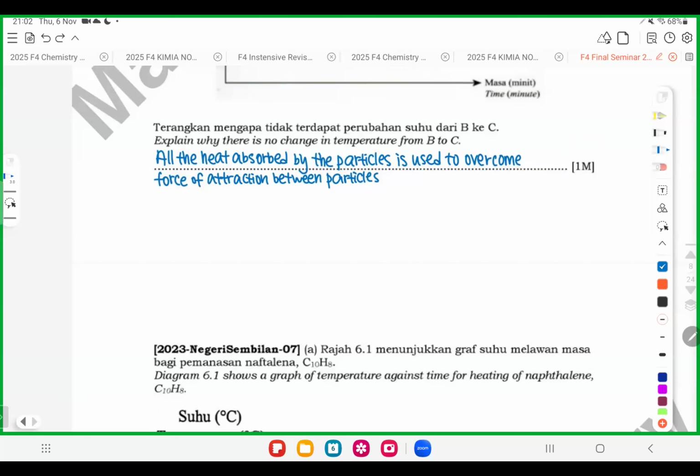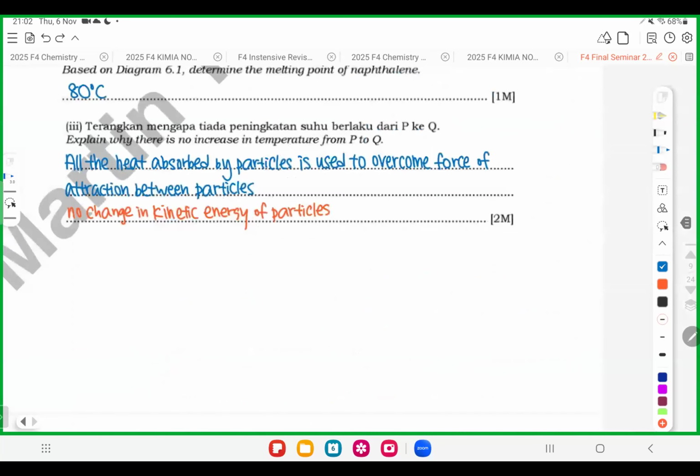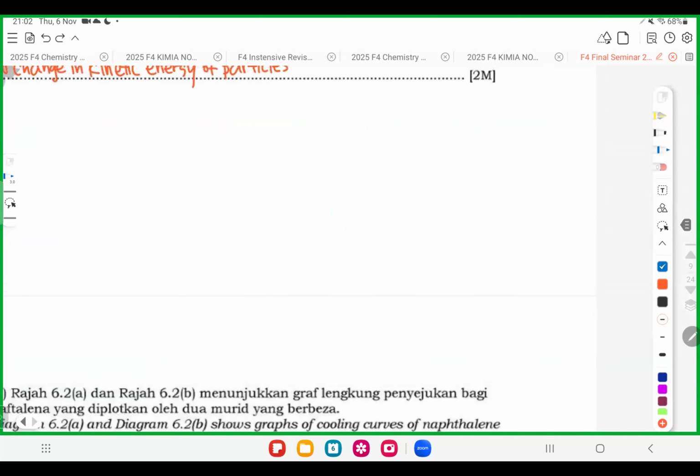But now for the same question, they give 2 marks. So guys, you need to use common sense. If the question is 2 marks, you need to give at least 2 answers. All right, 1 mark, 1 answer is sufficient.